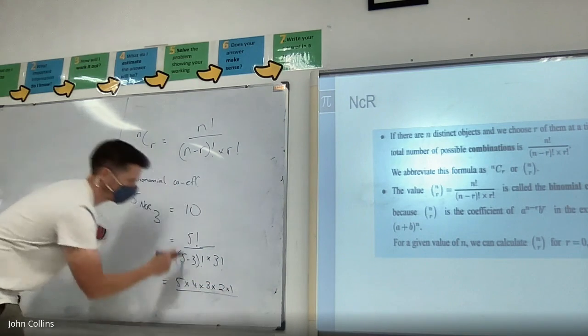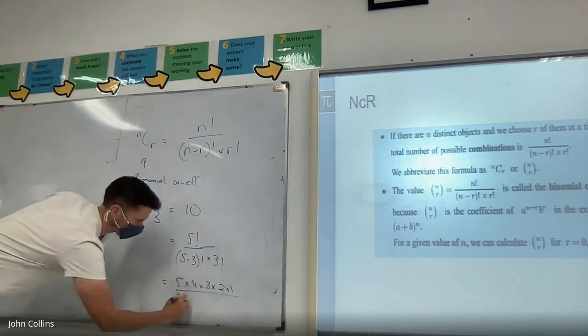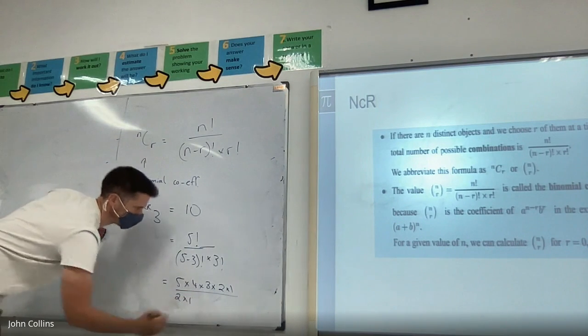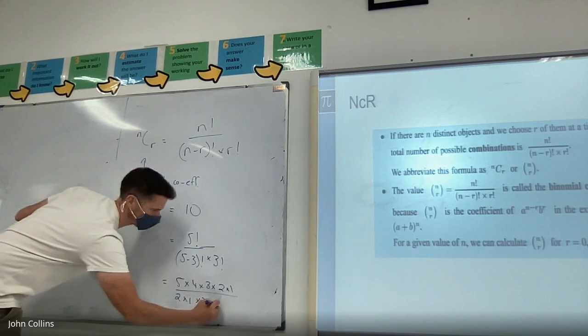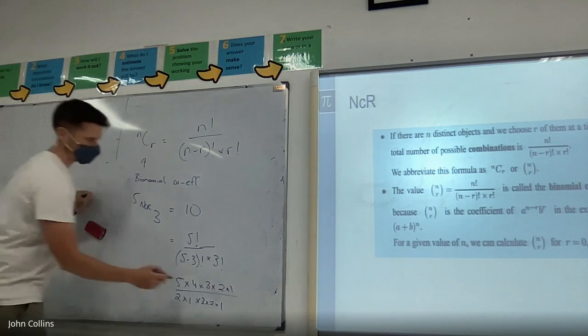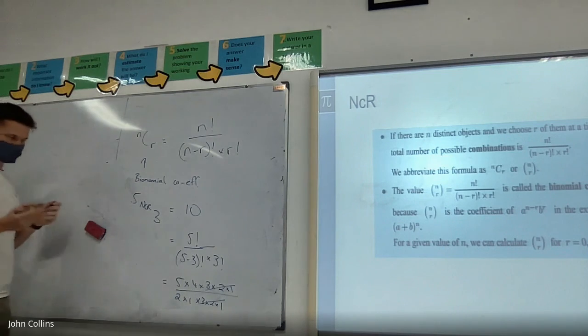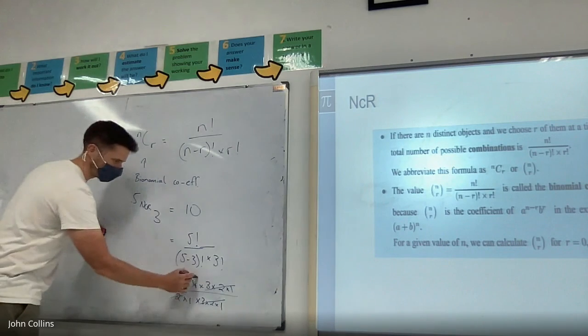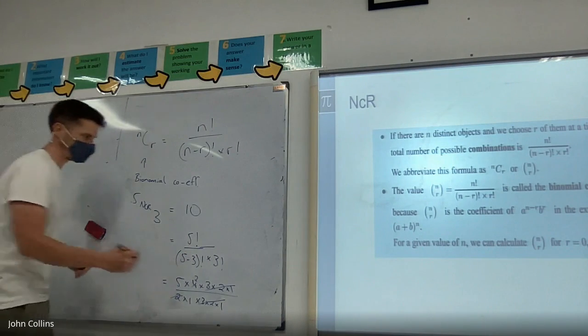I've done the top line out. 5 factorial. 5 minus 3 factorial is 2 factorial, which is 2 times 1. And that's multiplied by 3 factorial, which is 3 times 2 times 1. 3 times 2 times 1 cancels 3 times 2 times 1. The 2 divides into the 4 twice, and we're left with 5 times 2, which is 10.